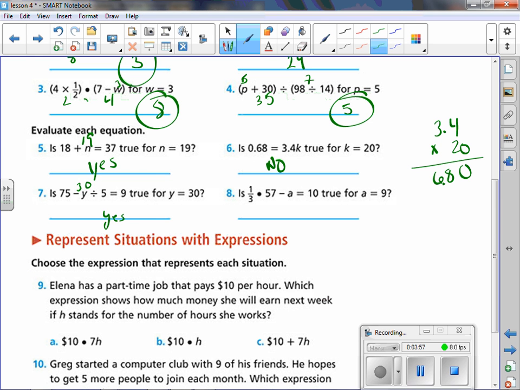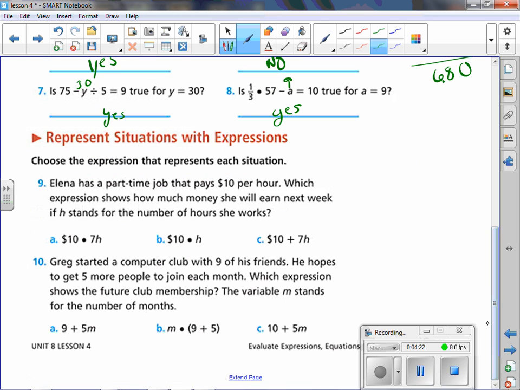All right, 1/3 times 57 minus a equals 10. Is that true if a is 9? So 1/3 is like 57 divided by 3, which is 19, minus 9 is 10. So yes, again. So that was just checking the equations to see do they work or do they not work.